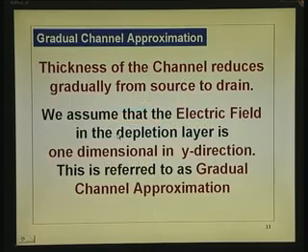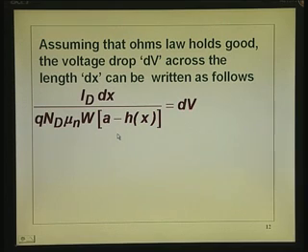So, what we do is dV, the voltage drop across that region thickness, is given by I d into R of that d of x length, that is given as d of x divided by this quantity, that is actually 1 by q and d mu n is rho, I d into rho d of x divided by area of cross section. Area of cross section now is actually W into channel thickness.